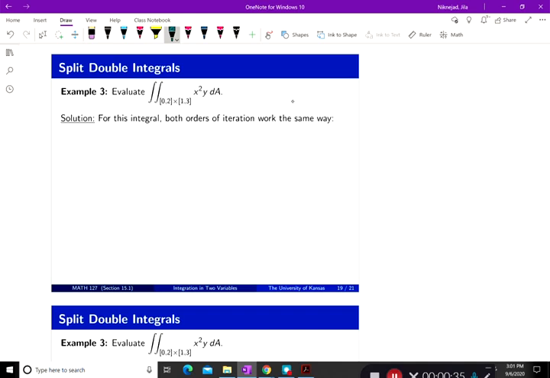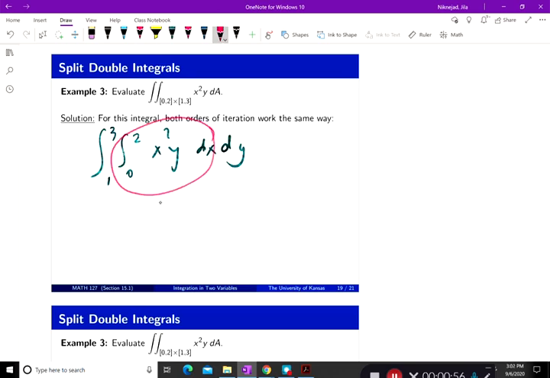This is going to be for x between 0 and 2, so I'm going to write 0 to 2 dx with the 0 and 2, and 1 to 3 dy with the other one. The integrand is this. When I'm trying to do the inside integral, I end up with the integral from 0 to 2 of x squared y dx.